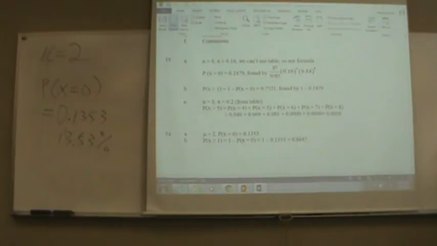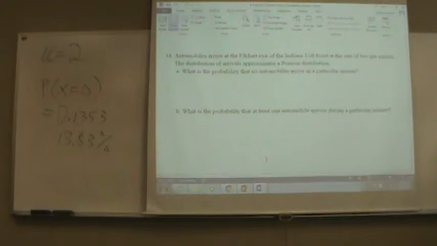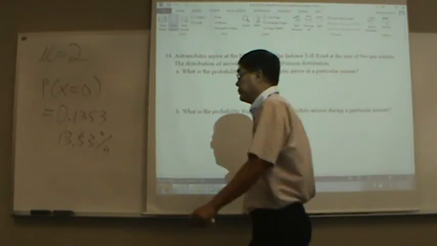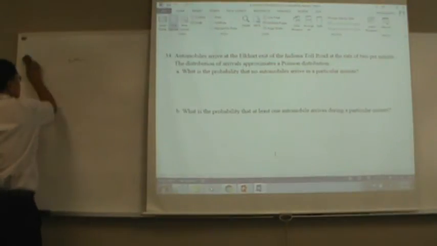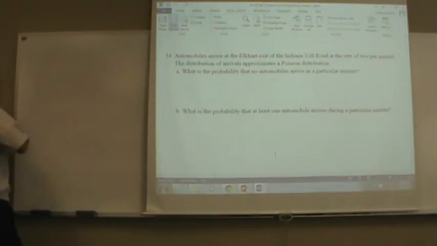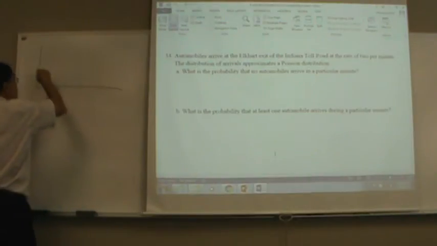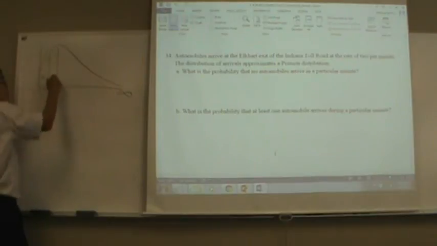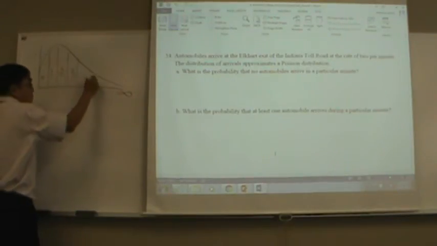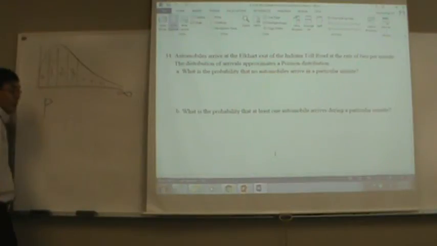And another question. What is the probability that at least one automobile arrives? At least one. Infinite: 0, 1, 2, 3, and so on. Probability at least one means include 1 and greater.